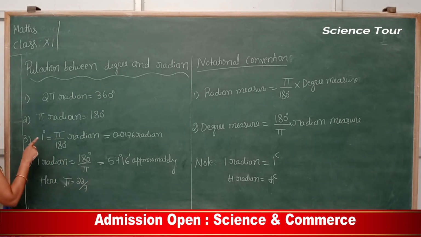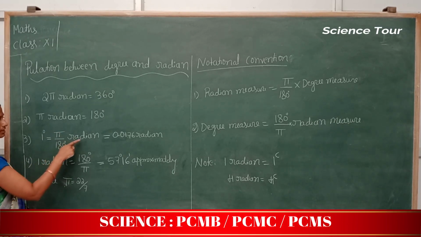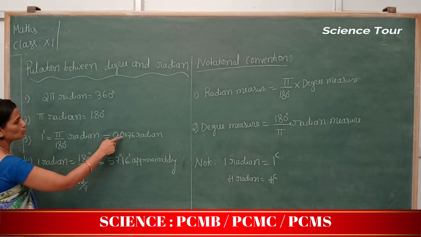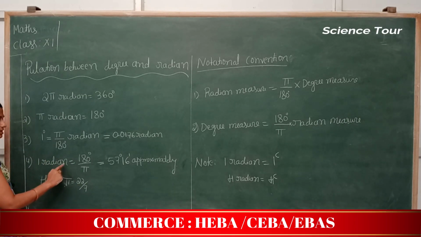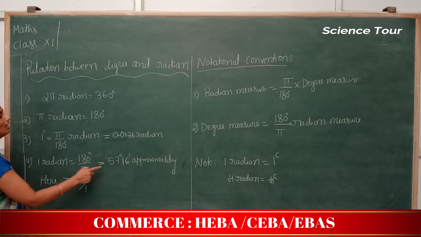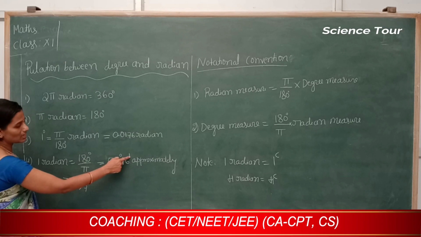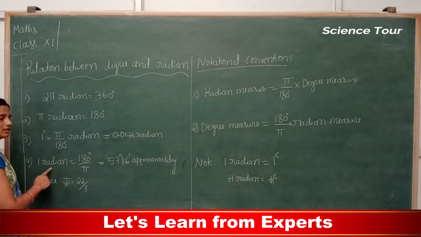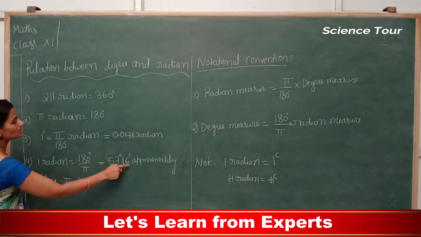And next, 1 degree is equal to pi divided by 180 radian, which simplifies to 0.0176 radian. Now 1 radian is equal to 180 degree divided by pi, which is approximately 57 degrees 16 minutes.